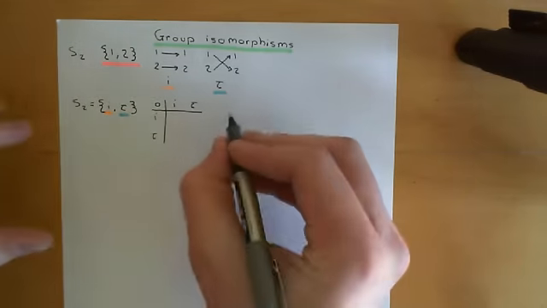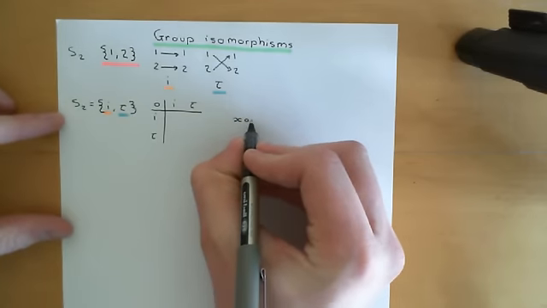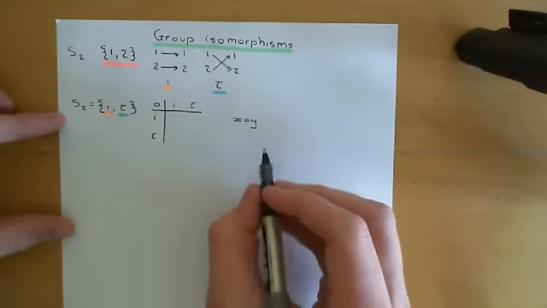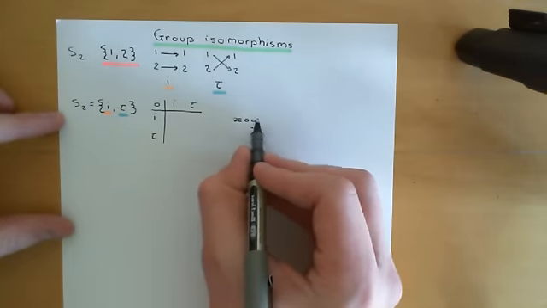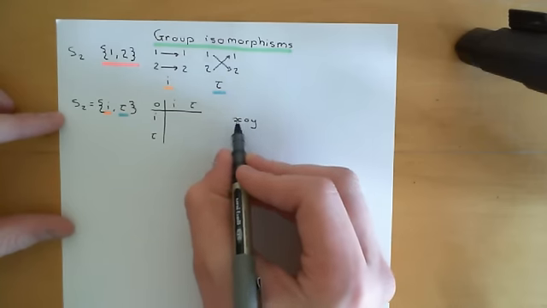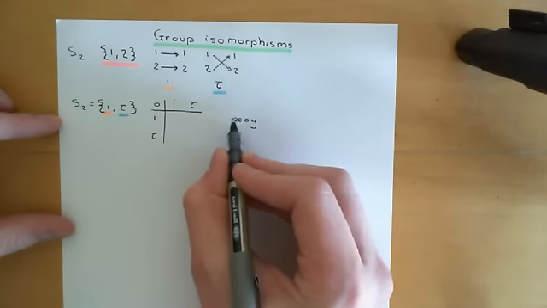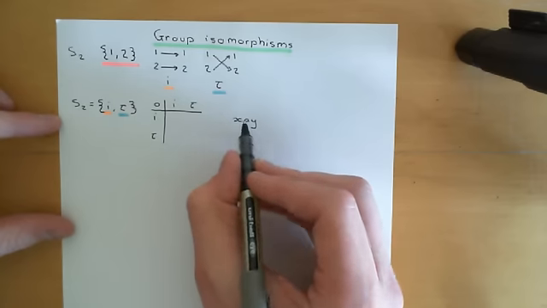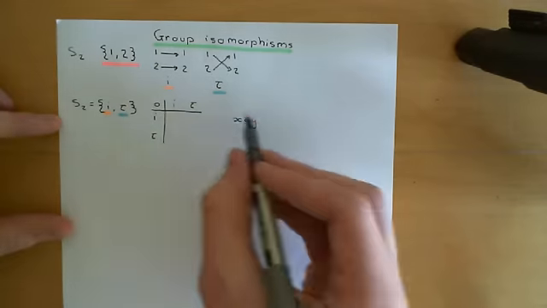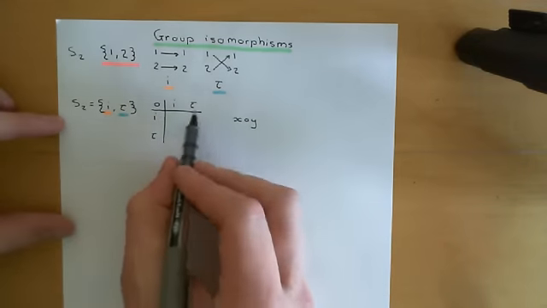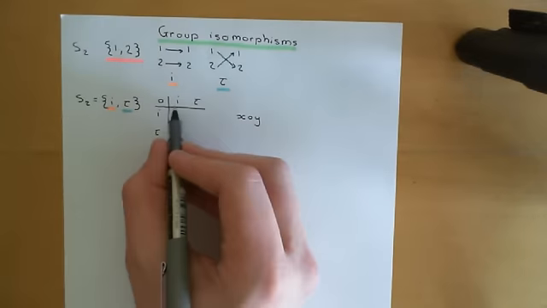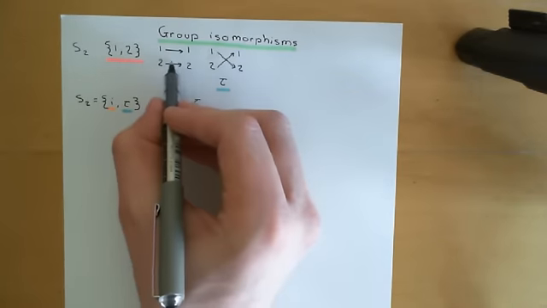So when I say x composed with y, where x and y are variables that can be any one of these symbols, that means do the set permutation y first, and then do the set permutation represented by x, and then get the net set permutation. Whatever symbol represents that net set permutation is going to be the answer in our composition table. So we know that the identity composed with the identity just means do this twice.